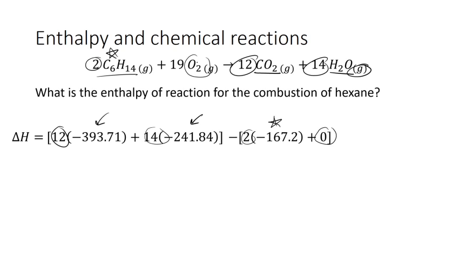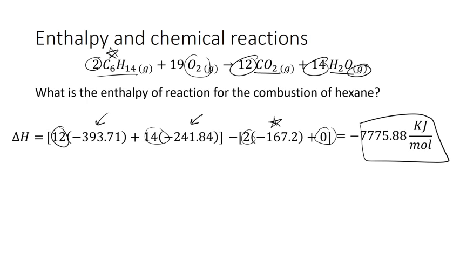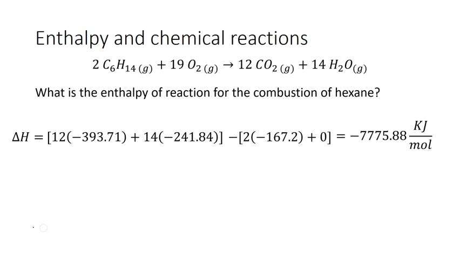That is considered their standard state. So there's no heat of formation for elements. Now that we have all our heats of formation, we put them into this equation, do some math, and find that we have negative 7,775.88 kilojoules per mole. We're going to need to remember that number because we're going to use it in stoichiometry.